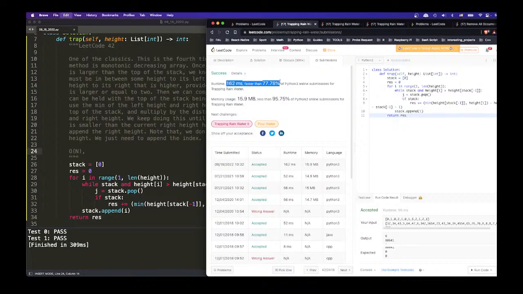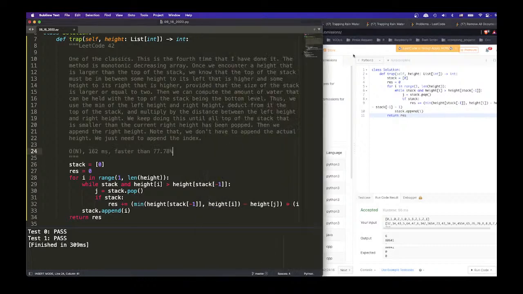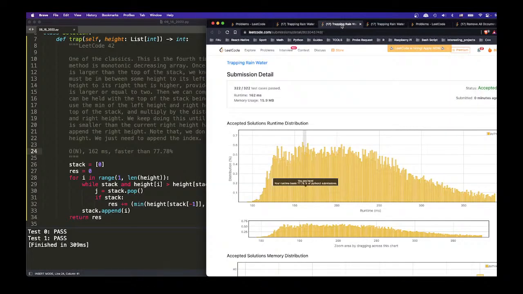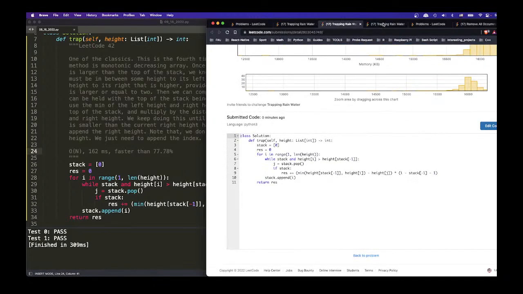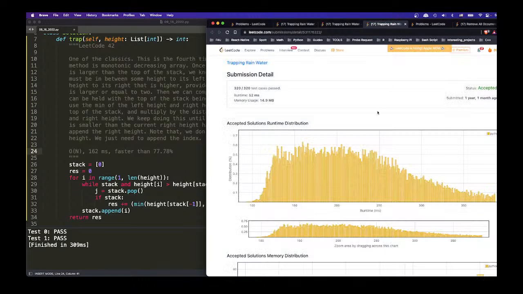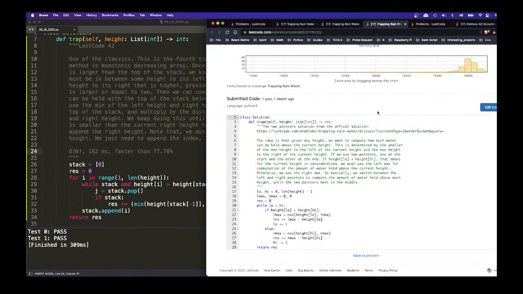All right, let's see. Trapping rainwater. 322 test cases. 320 test cases. So yeah, there's a difference. Oh, there's a 2-pointer solution.